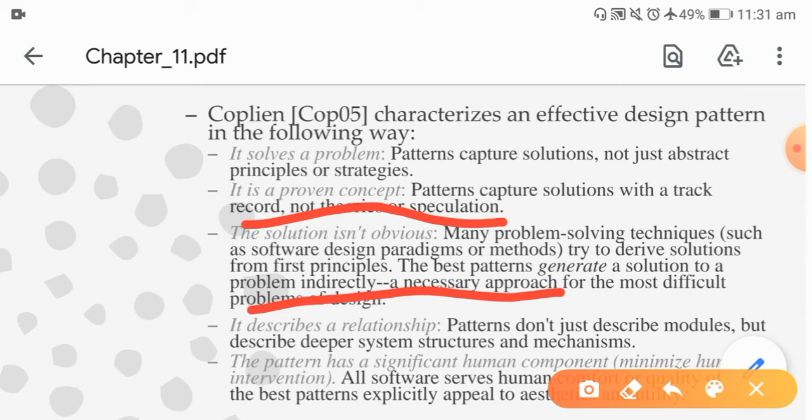Next one is that it describes a relationship. That is, a pattern does not just describe modules but describes deeper system structure and mechanism. For example, if the query from your customer is that you want to create a login form, what is the relationship?